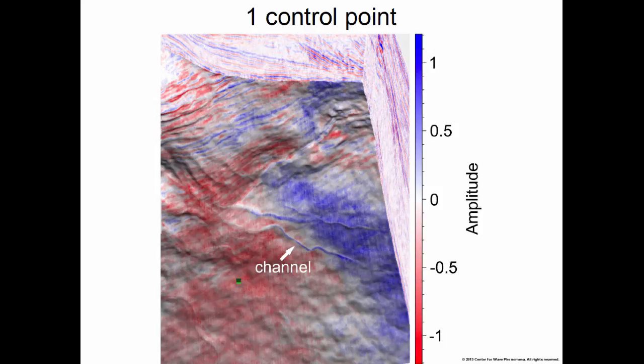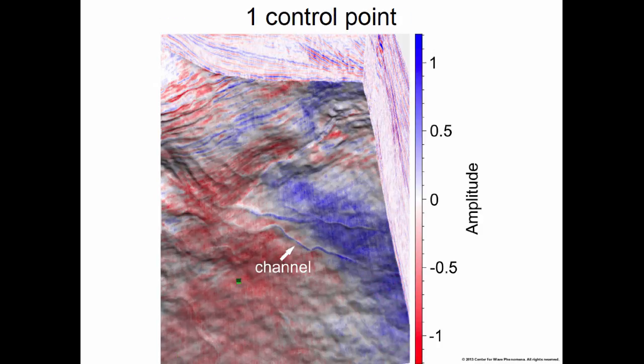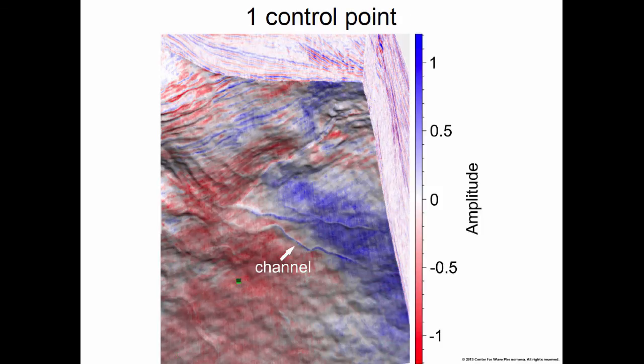Again, from a 3D view, this is the surface extracted by using one control point, and this is the one with 25 control points. We can see that we have some improvements by using more control points because the amplitude values on this surface are more uniform than the one using only one control point.